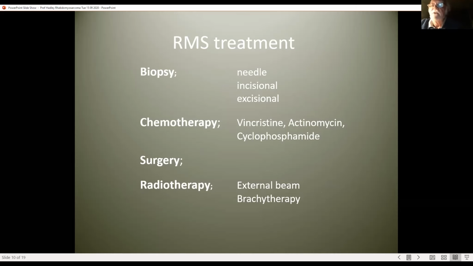And the treatment is neoadjuvant chemotherapy, just like all other childhood solid tumors. Because we're going to have to operate, and the smaller the operation we have to do, the better. So chemotherapy has the potential to make the surgeon's life easier and happier. And I'm all for happy surgeons.